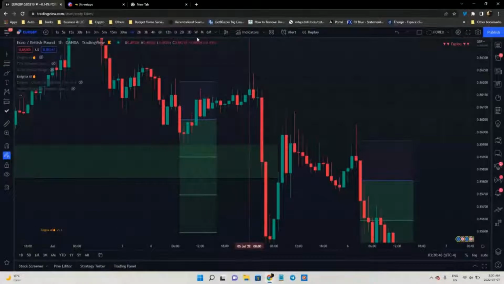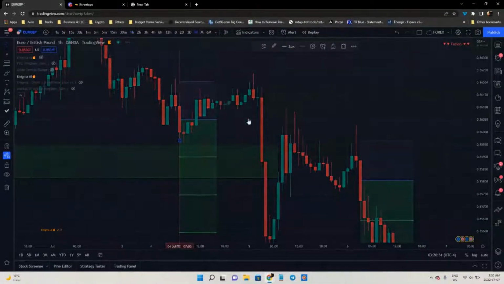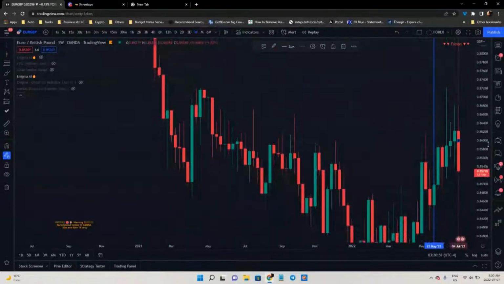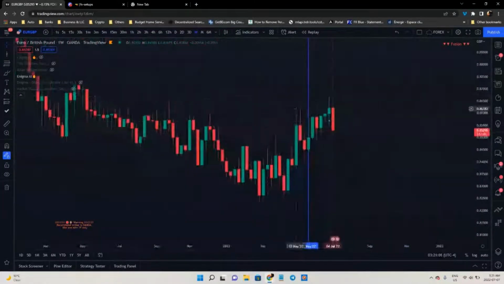If we go back, I'm just going to put a line here. Going back on the weekly to see what it does. Right now the weekly candle for Euro GBP was trading down.